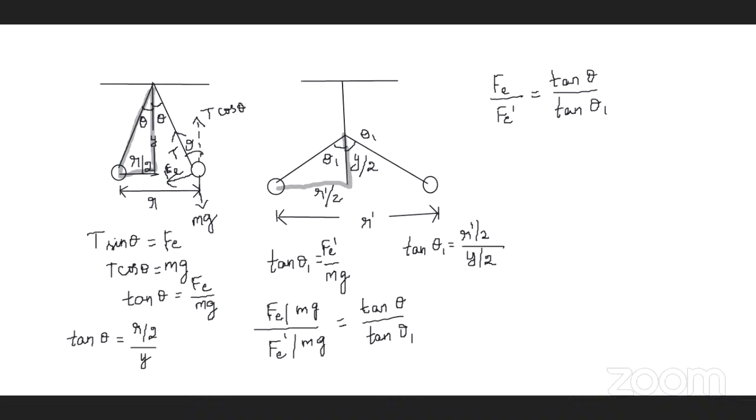So now I will be writing this. Fe divided by Fe prime equal to tan theta, which is r by 2 divided by y, that is r by 2y. Okay, that's what I have written here.